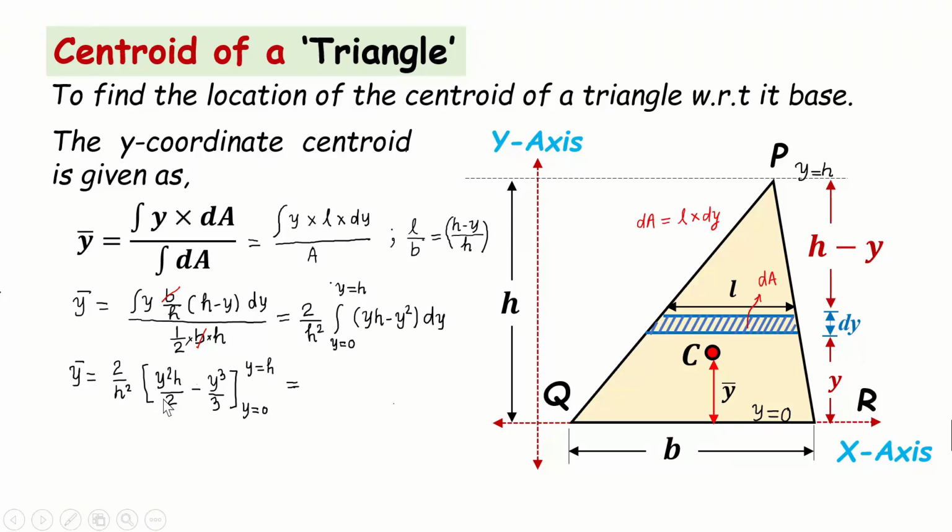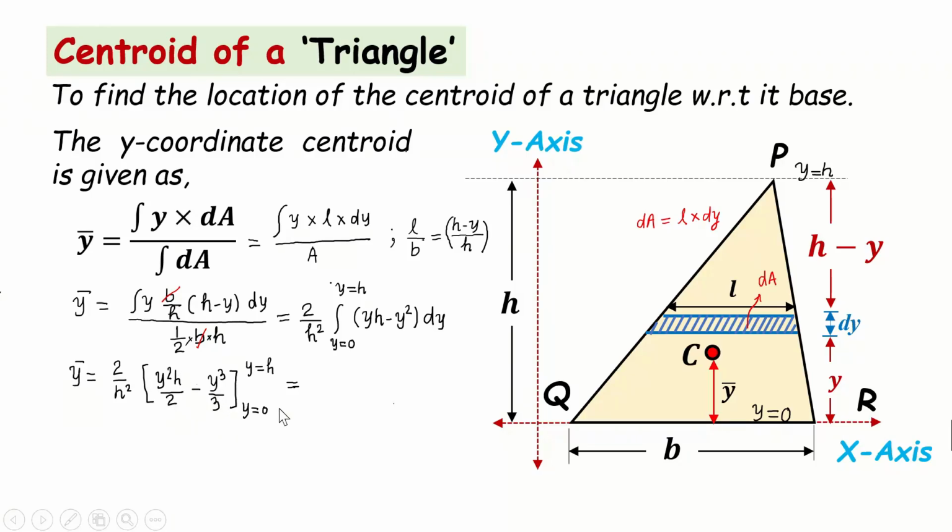So here at the place of y I am going to put h. So it is going to be h square into h, that is h cube by 2, minus h cube by 3. So h cube by 2 minus h cube by 3 is going to be h cube by 6.